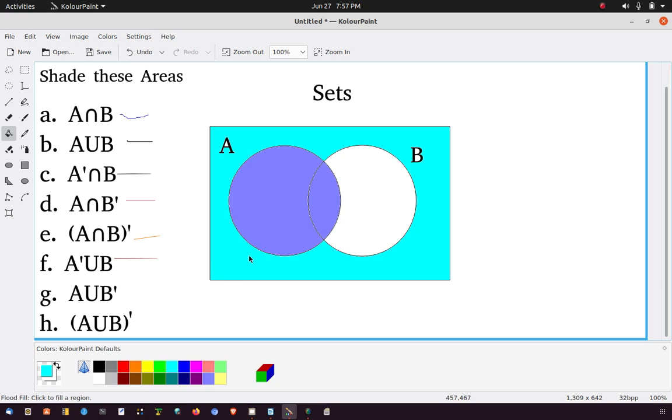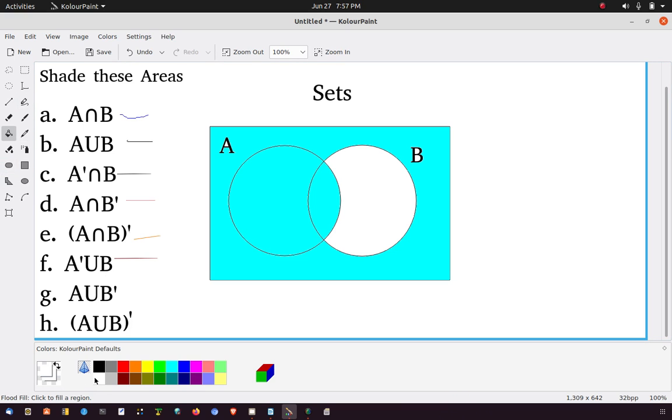It's union, so it represents all that is shaded. So let's put it in one color, all this shading in one color. And this is the shading that represents A union B complement. You see that?